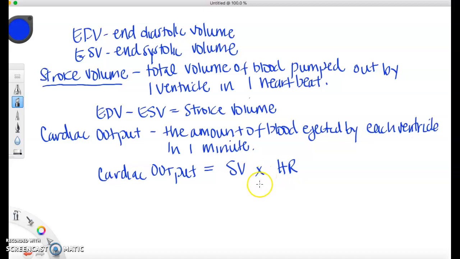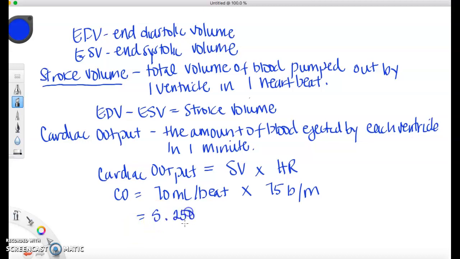All right, so actually in an average human, cardiac output is stroke volume times heart rate, and the stroke volume is 70 milliliters per beat, and the heart rate is, this is just an average heart rate, beats per minute, then we get 5,250 milliliters per minute.